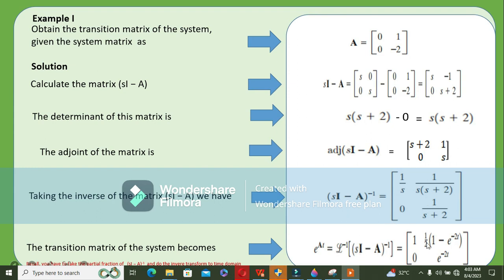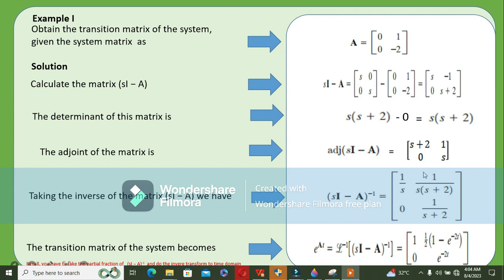This is the matrix, we substitute and take the inverse Laplace transform, converting this to the time domain. Of course, you know that this will become 1. These two components will lead us to partial fractions, so we do the partial fraction such that we have A all over x plus something, B all over this.